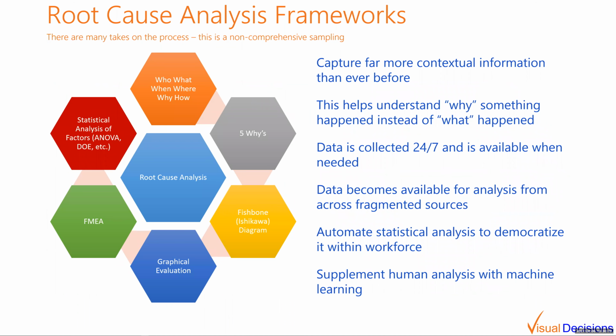From a root cause analysis capability, this is generally the one that I don't get any pushback on whatsoever. Everybody goes, yeah, data helps. So if you look at something as simple as who, what, when, where, why, how, type of analysis of what is the context of different events and so forth, asking why 5 times and drilling down into the information, doing a fishbone or Ishikawa diagram, graphical evaluation, FMEAs, doing ANOVAs or design of experiments, et cetera.